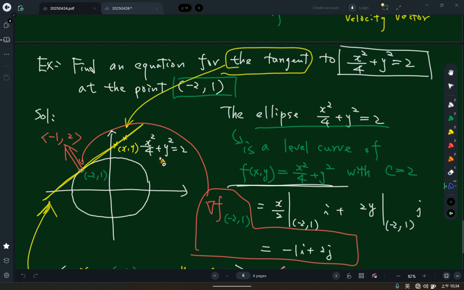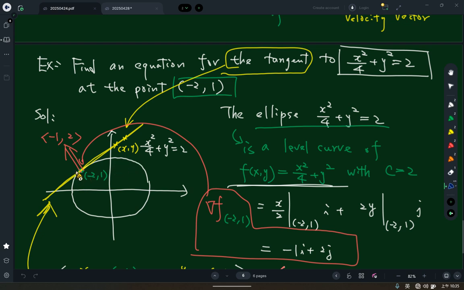So actually this is not a totally new problem for you, because we can use the skill we learned last semester, which is implicit differentiation, right? We have this equation, and we regard it as a hidden relationship between x and y, so you can use implicit differentiation to get dy over dx.